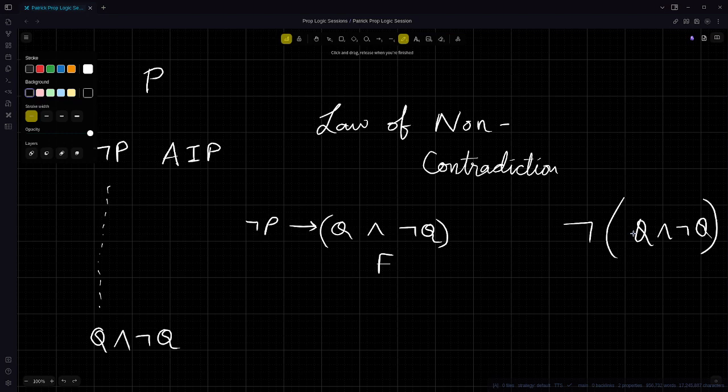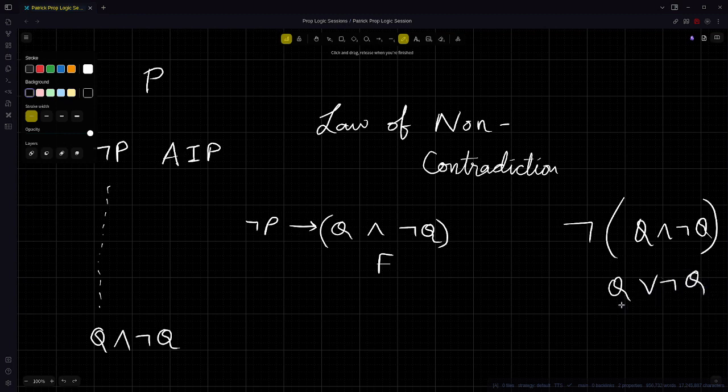So then if inside the bracket's always going to be false, and when you negate it, it's going to become true. No. So what does this is? So this is false, right? And when you do that, it's going to be true. And when you apply De Morgan's here, what are you going to get? You're going to get Q or not Q, which is a tautology.